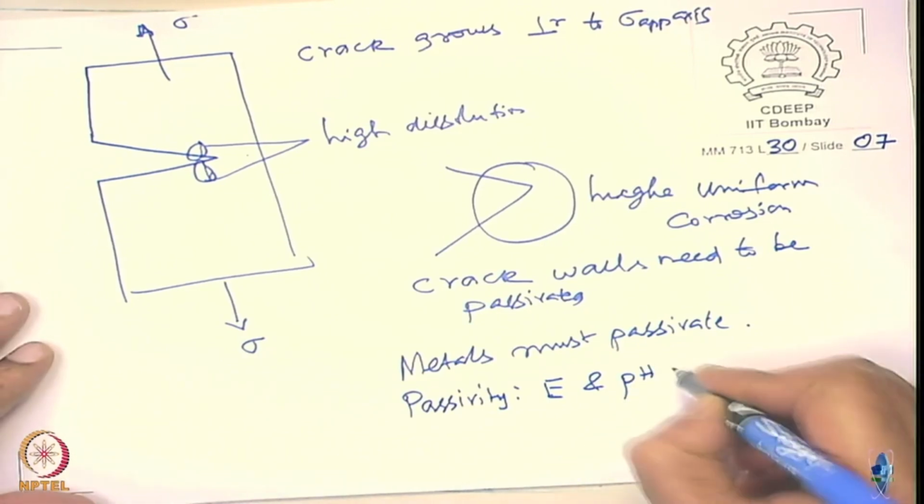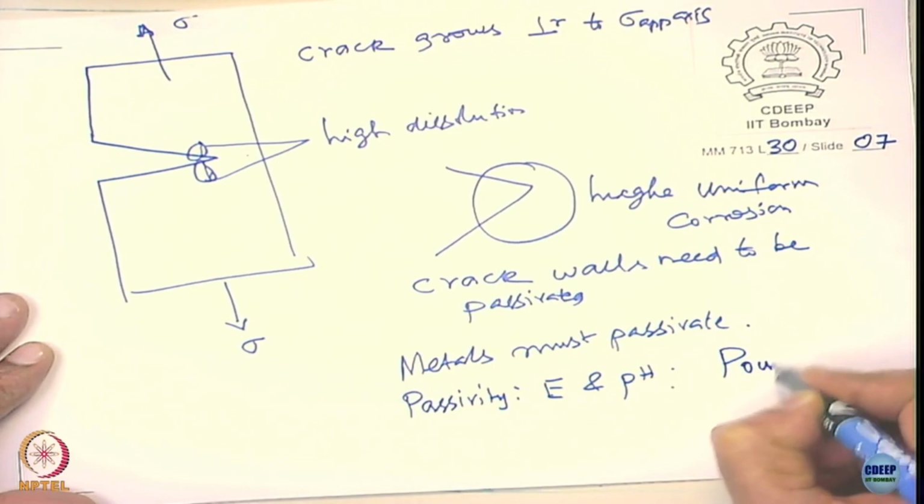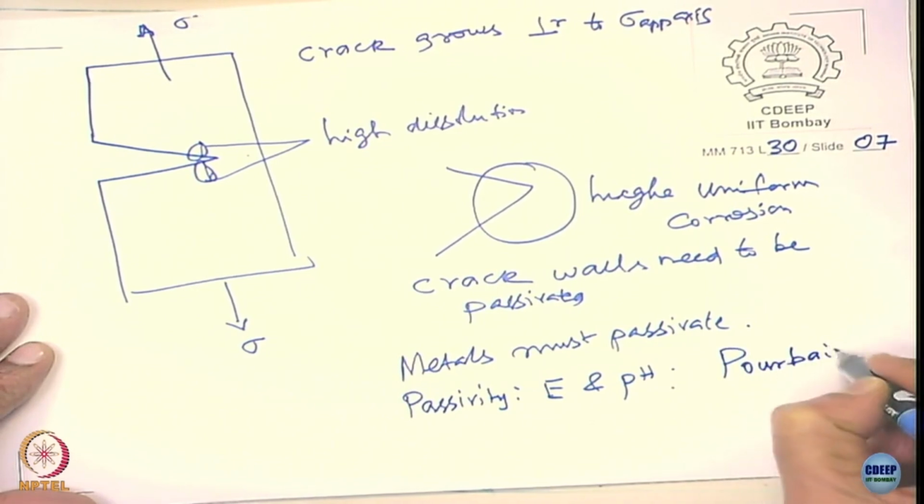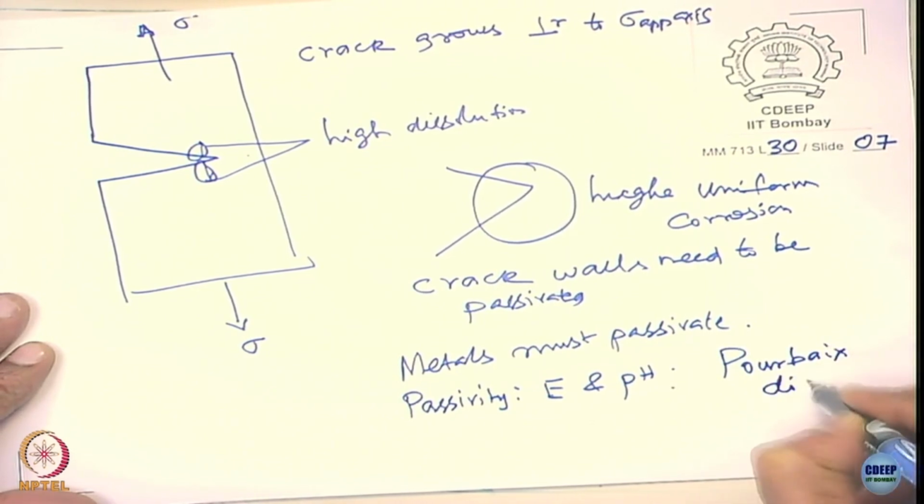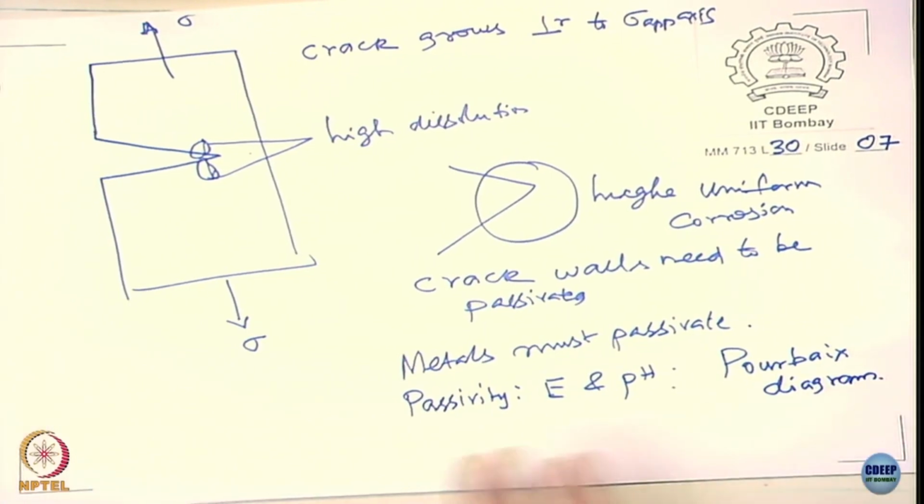And what is this diagram called? The Pourbaix diagram forms a certain kind of broad indication of where stress corrosion cracking can occur for metals.